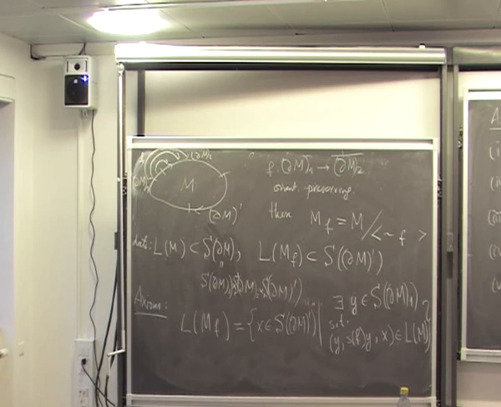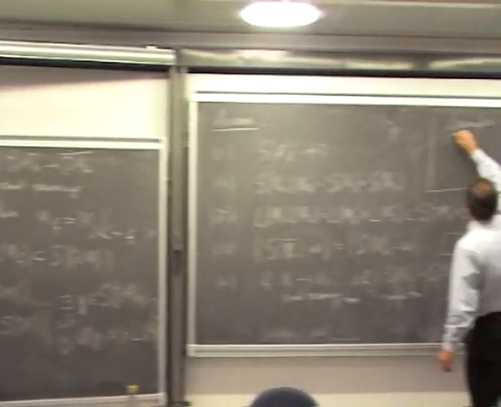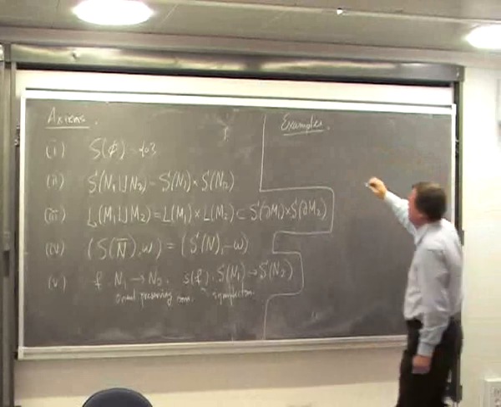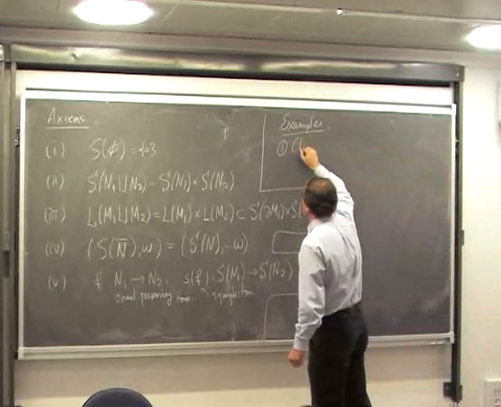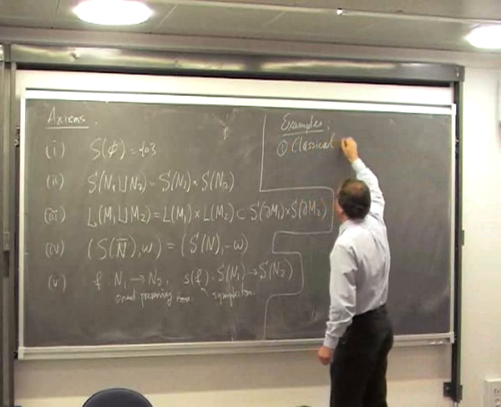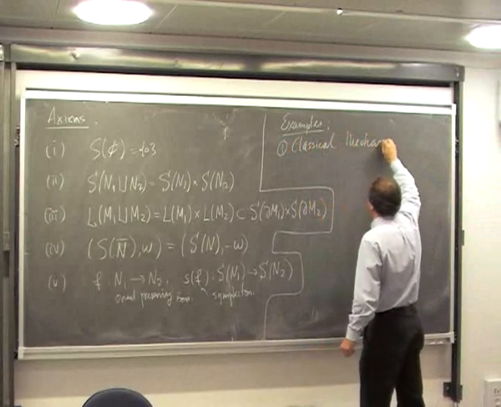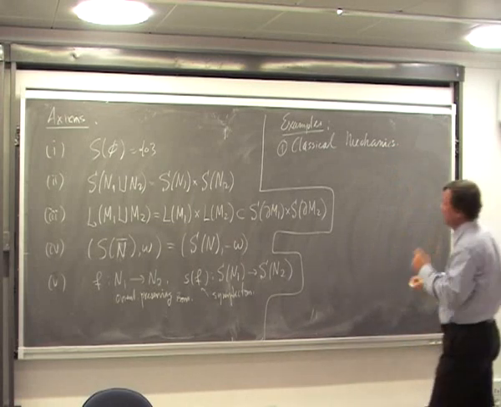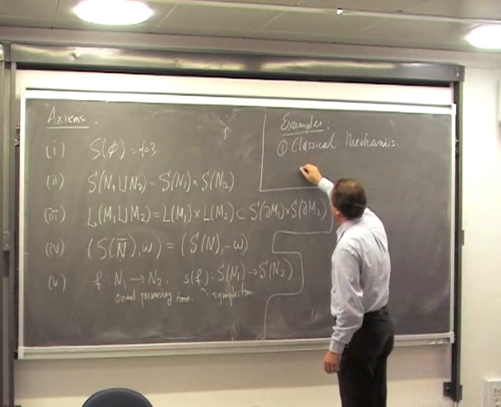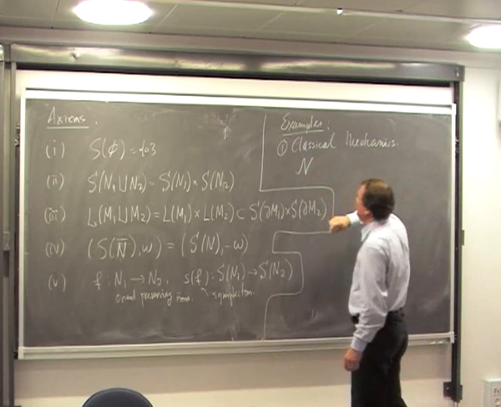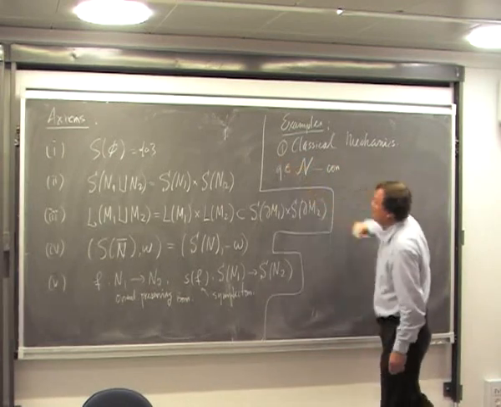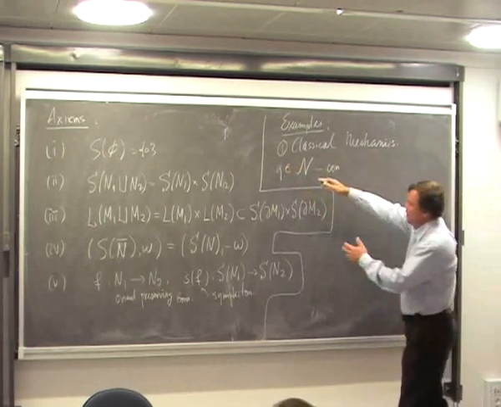So now let's look at examples. Let's start with classical mechanics. Remember that we have this smooth manifold N, where the coordinates were the positions of the system.